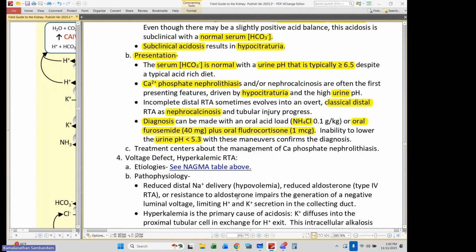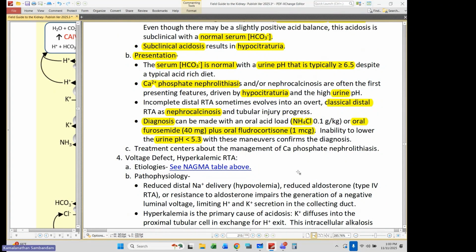This combination of drugs is fludrocortisone and furosemide. But sometimes you won't see the ideal scenario, especially if somebody hasn't taken the time to empty their bladder, because now the urine pH is the net sum of the urine that existed in the bladder prior to the maneuver.